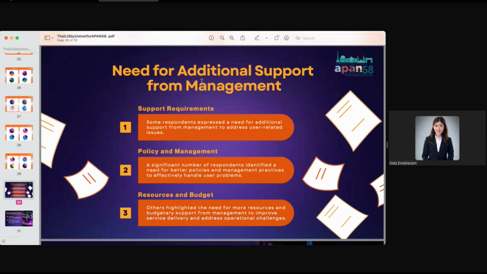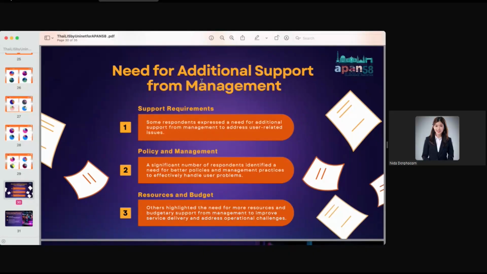Next pain point is the need for additional support from management. First one is support requirements. They express the need for additional support from management to address user-related issues. The second one is policy and management.